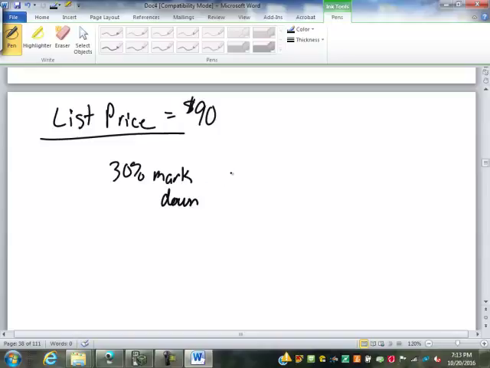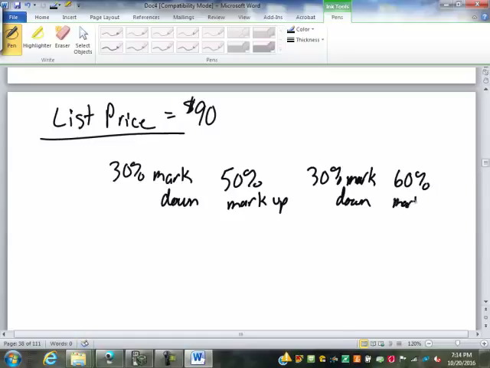Then it's going to go through a 50% markup. Then another 30% markdown. And finally, a 60% markdown. Find the final price after those markdowns and markups.